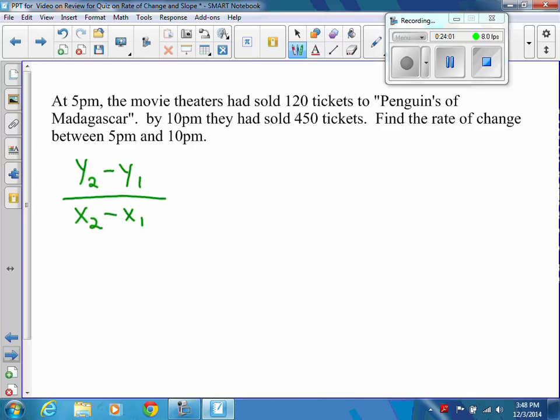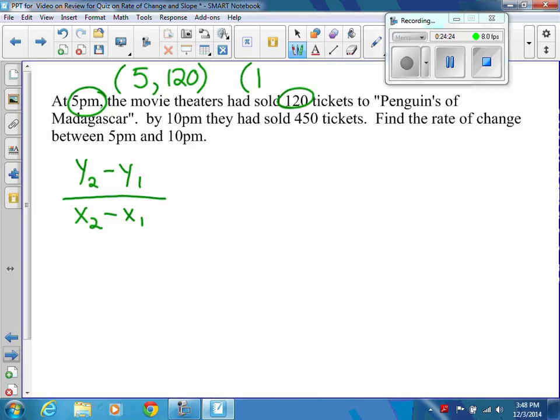What will be my first ordered pair if I start with 5 p.m.? Five is going to be my x value, and 120 tickets were sold, so that's going to be my y value. What's my second ordered pair?